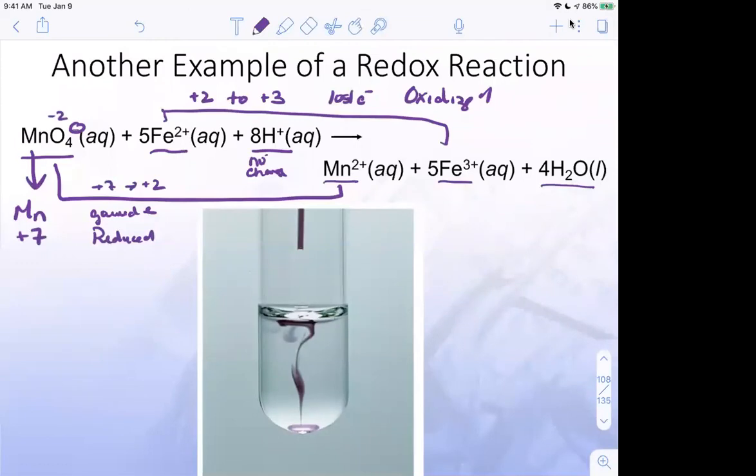It's a +1 in both. So hydrogen is unchanged and oxygen is also unchanged. Hydrogen is a +1 before and after, and oxygen is a -2 before and after. So the exchange of electrons happened between manganese and iron.